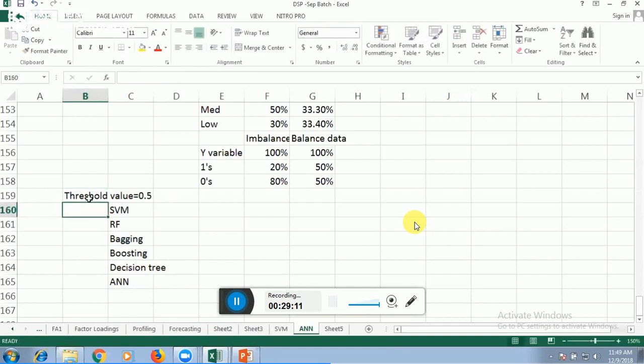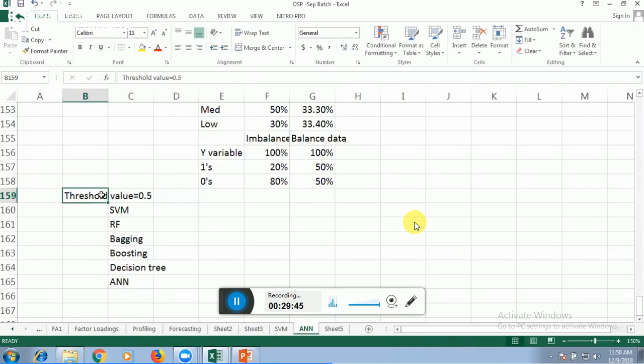Threshold value means the probability value: whatever output you get greater than 0.5, I call a 1, and less than 0.5, I call a 0. So this threshold value works well if my data is balanced. If the data is balanced, you can directly get the outputs as the target variable, 1 and 0. But if you have imbalanced data, you cannot use a threshold value of 0.5.